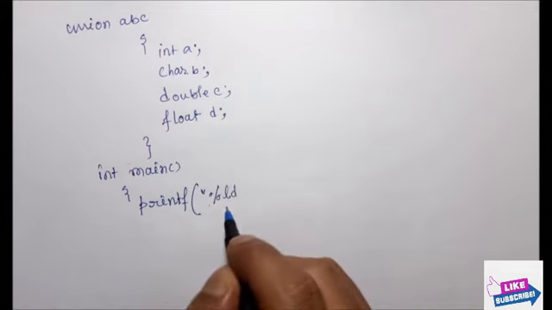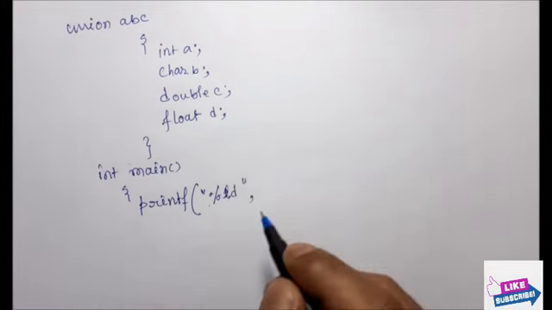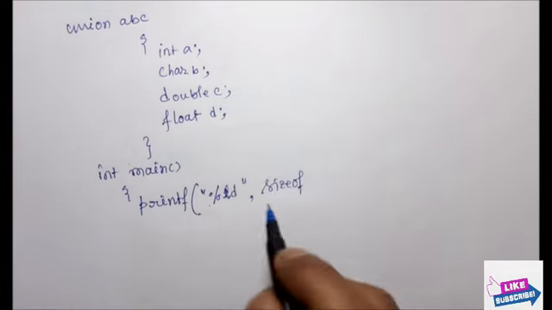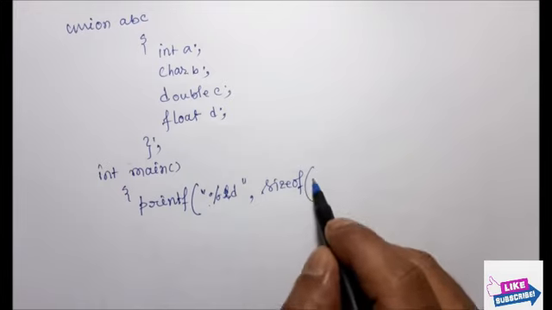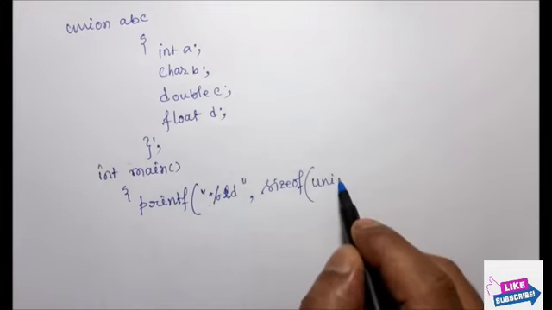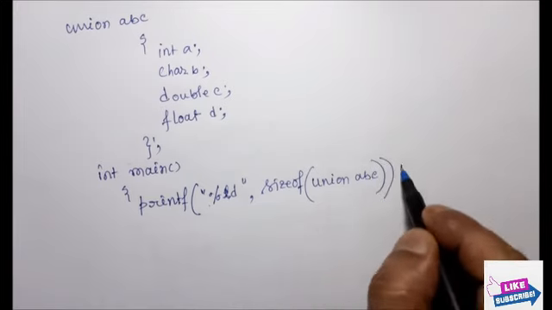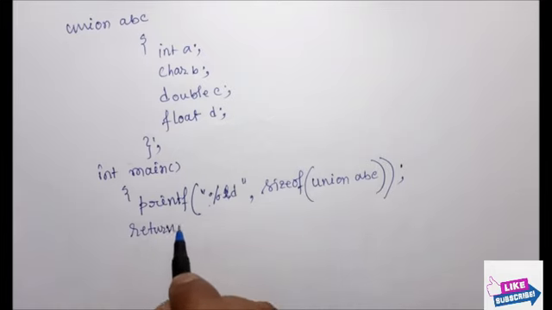So, it will give the size of ABC. With the sizeof function I can pass any variable, or otherwise I can pass the union ABC. Return 0. What is the size?